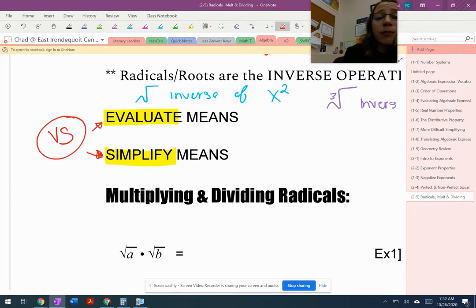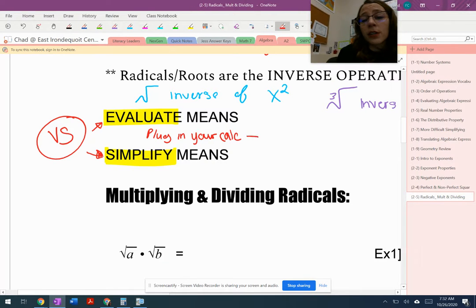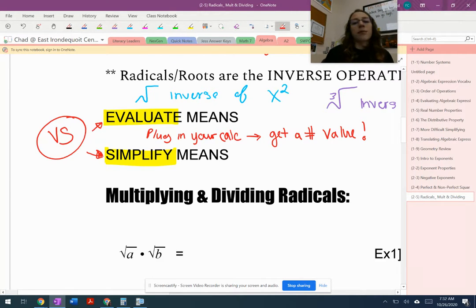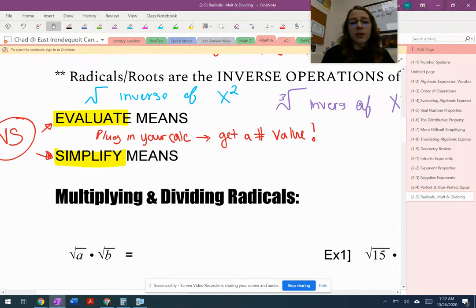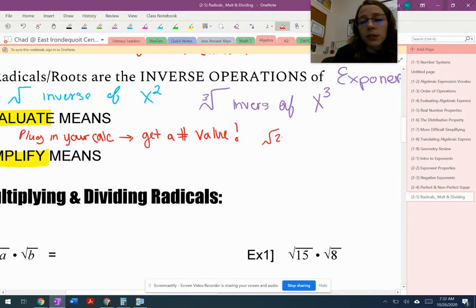When you're talking about evaluating, evaluate means to plug in your calculator and get a number value. Like, I would take the square root of 25 and plug that in the calculator and get 5.